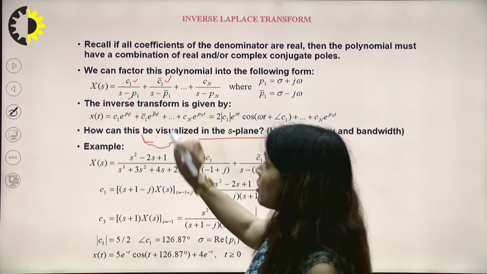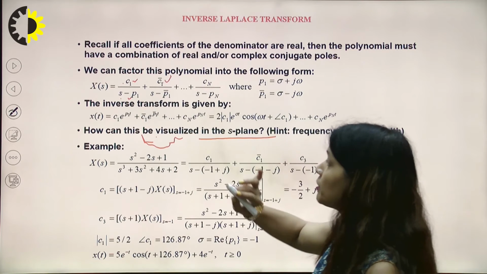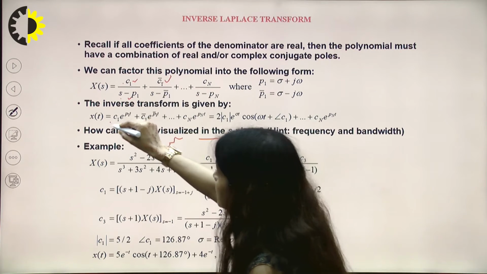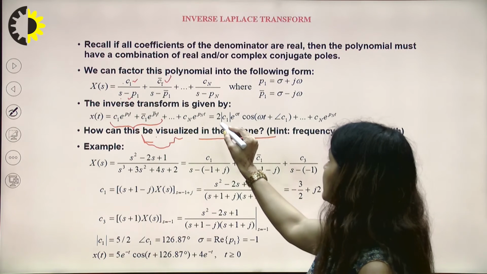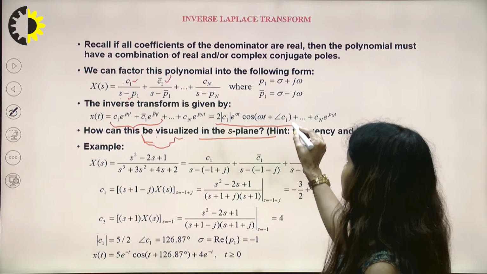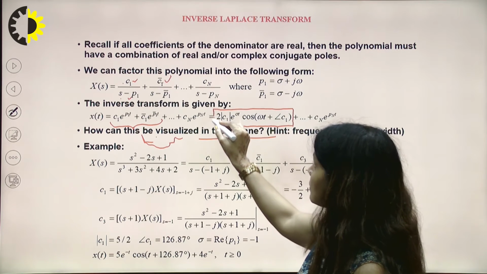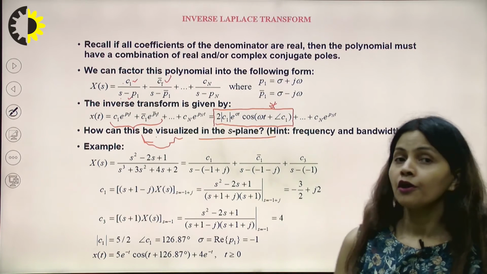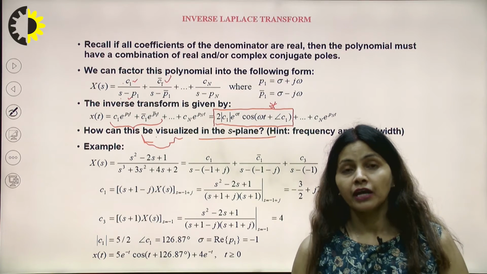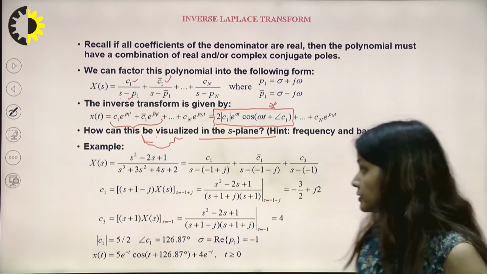C1 e raised to the power P1 t, C1 bar e raised to the power P1 bar t. And for this particular pole which is occurring in the complex conjugate, we will write this term. Okay, this is one modification for the poles if they are occurring in conjugate pairs.